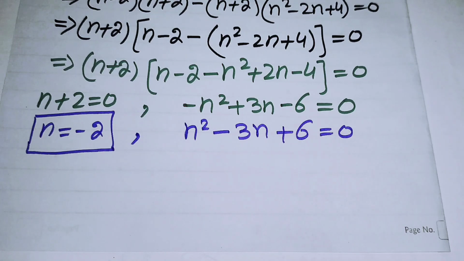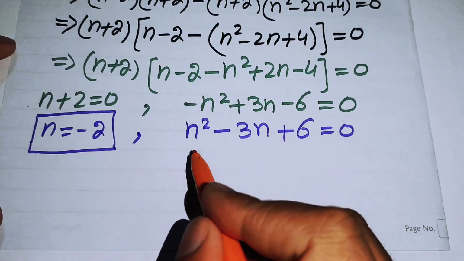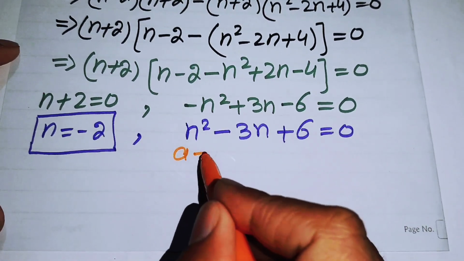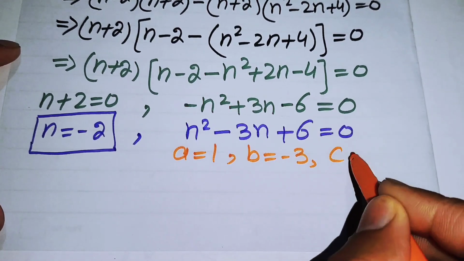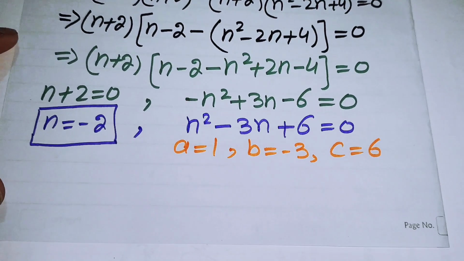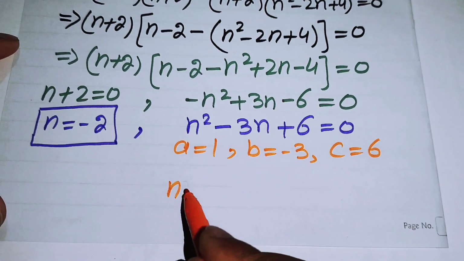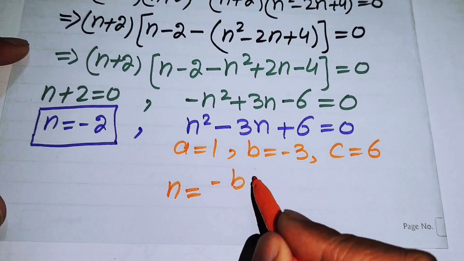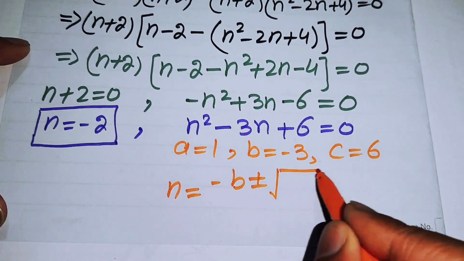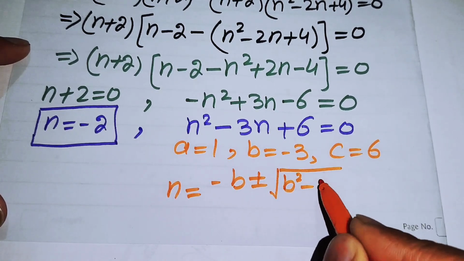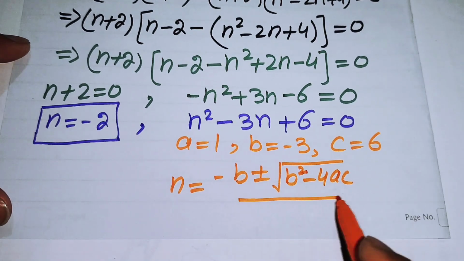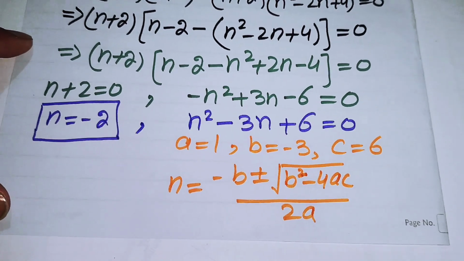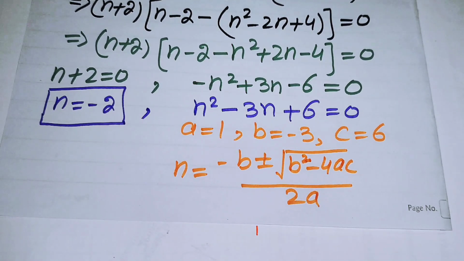I can choose the quadratic formula. The coefficients of this equation are a equals 1, b equals minus 3, and c equals 6. And our quadratic formula looks like this: n equals minus b plus or minus square root of b squared minus 4ac, over 2a.